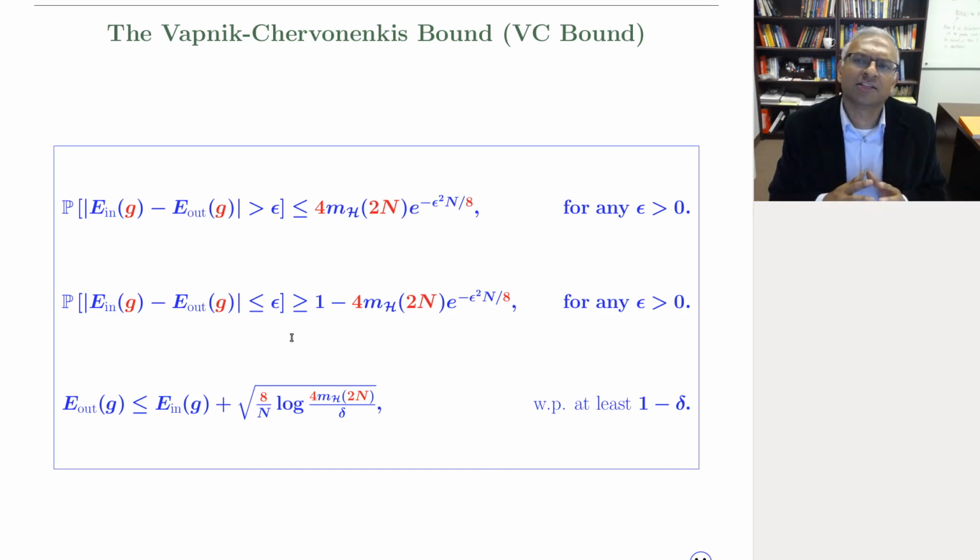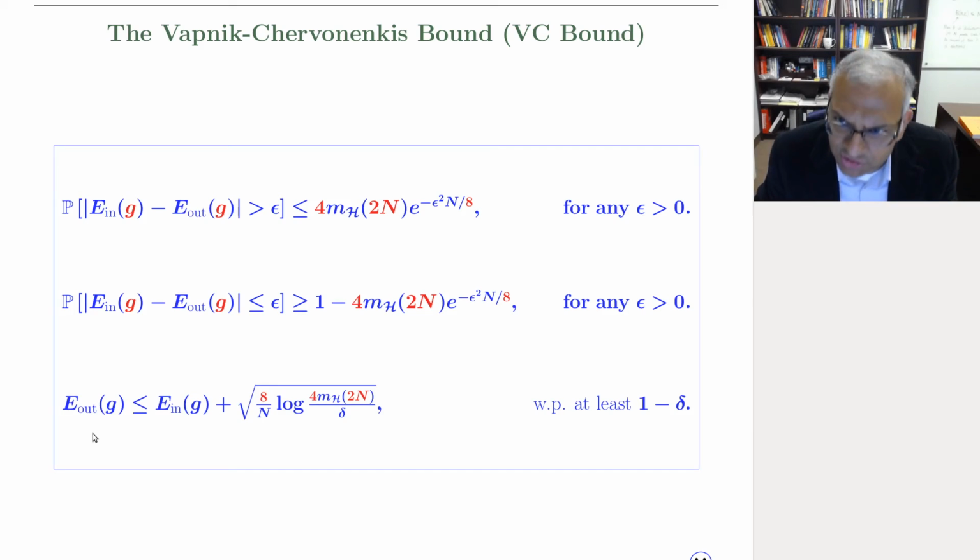This generalization bound is so famous that it has a name. It's called the Vapnik-Chervonenkis bound, or the VC bound. We can go through the probabilistic version, but I'm just going to go through the error bar version, which they're all equivalent. The error bar version might be a little bit easier to parse.